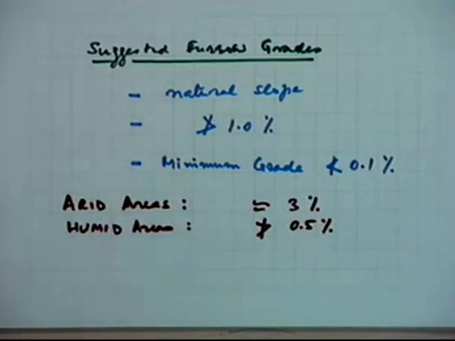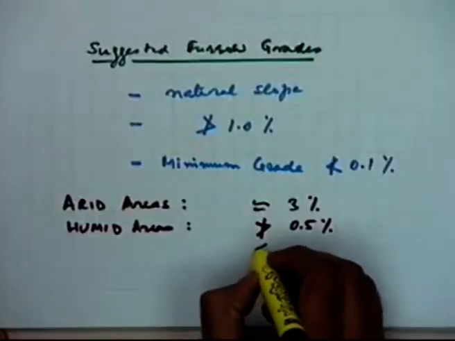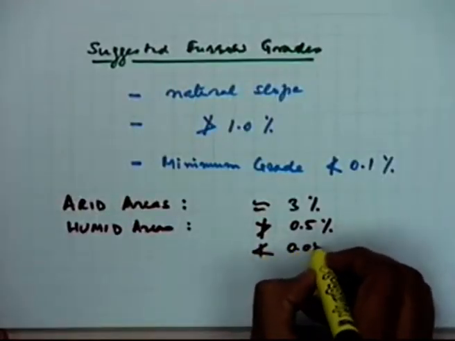At the same time, you will like to give some minimum grade so that the water which gets accumulated in these humid areas, these slopes should be able to drain off quite comfortably. So the minimum slope might not be less than 0.05%.